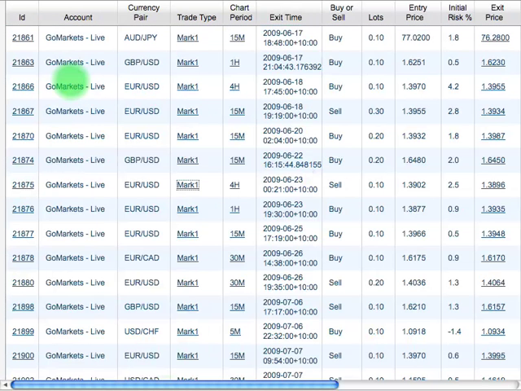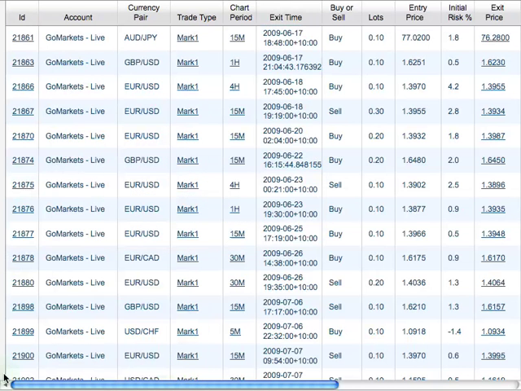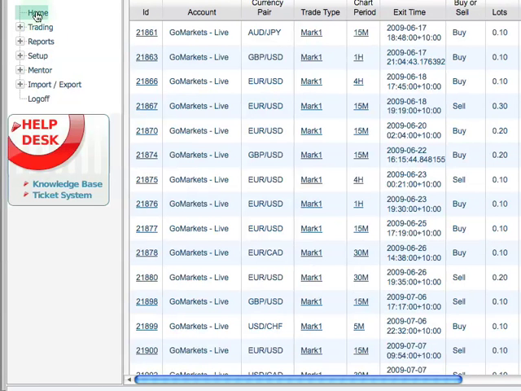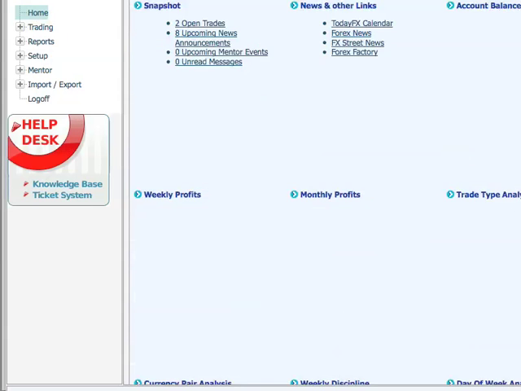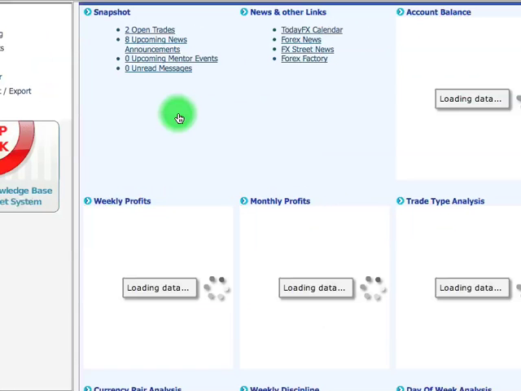One other thing I'd like to show you is the publish feature of the new trade types dashboard. So we just go back to our trade types dashboard.